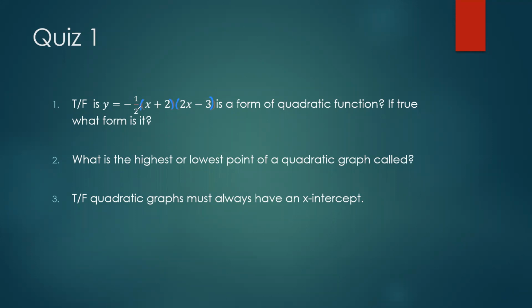Go ahead and take some time to look at it. So, is it true or false? I'm going to say definitely true. It is a form of a quadratic. It is in x-intercept form. So it's in this form, y equals a(x - p)(x - q).